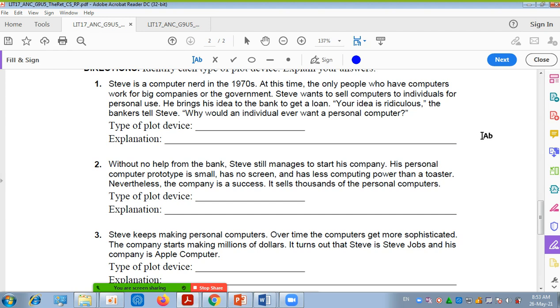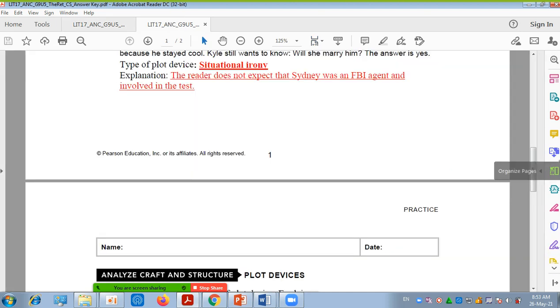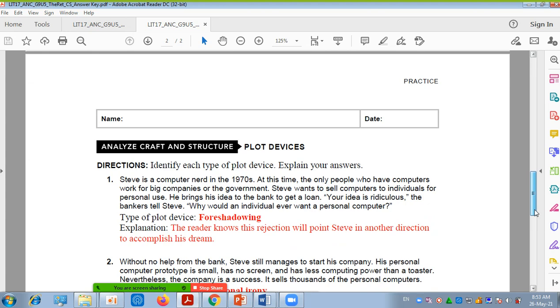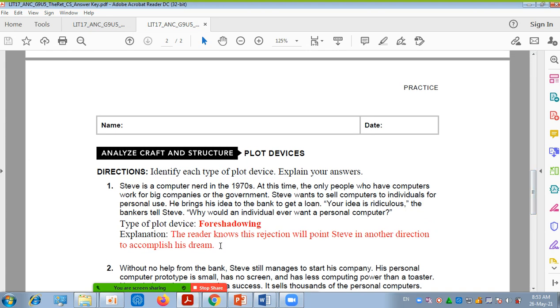So of course the first problem that met him when he was young didn't stop him. The reader knows that this rejection will not stop Steve Jobs, and he's going to look in another direction in order to achieve his dream. So the type of device used here is foreshadowing, and the reader knows that this rejection will point Steve in another direction to accomplish his dream.